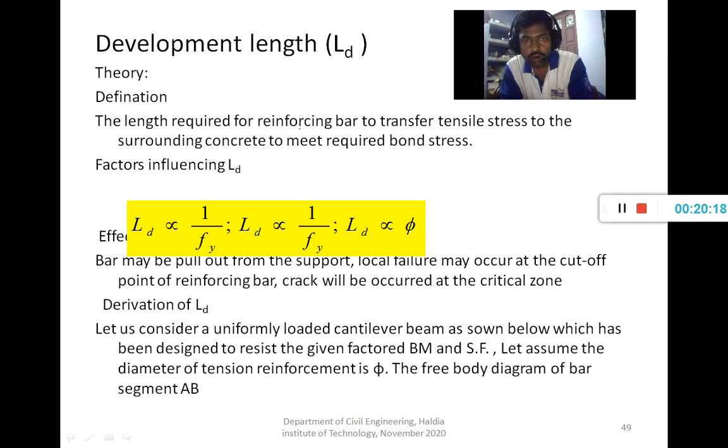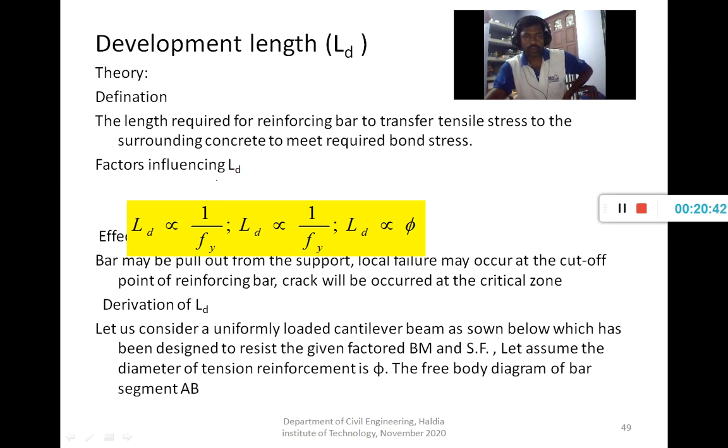So through bond the force is transferred from steel to concrete. So this is the definition: the length required for a reinforcing bar to transfer tensile stress to the surrounding concrete to meet the required bond stress.